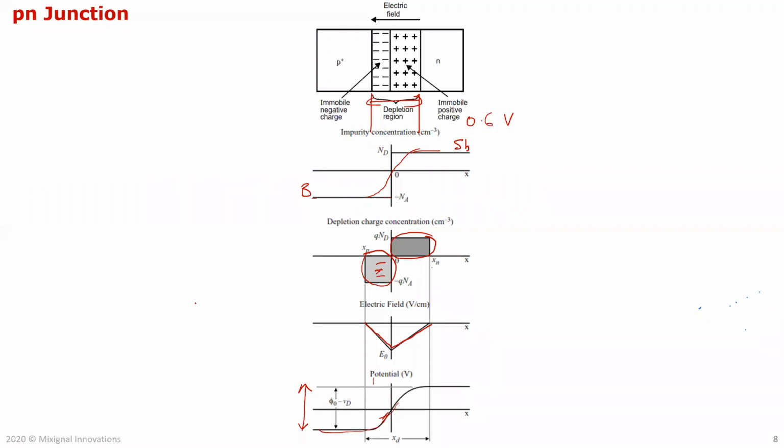Okay, so the thing is, first of all, if you do that, you'll be worse off than intrinsic. If you dope with the same amount, they will just recombine, right? And whatever is available for conduction is conducting now in what's called an extrinsic semiconductor.